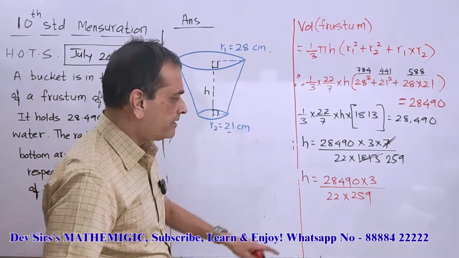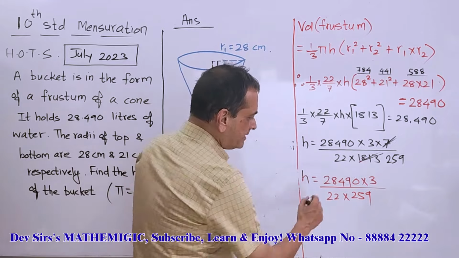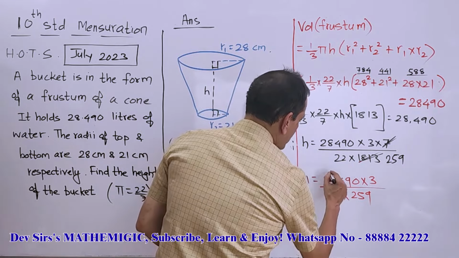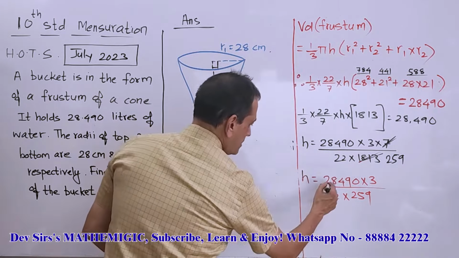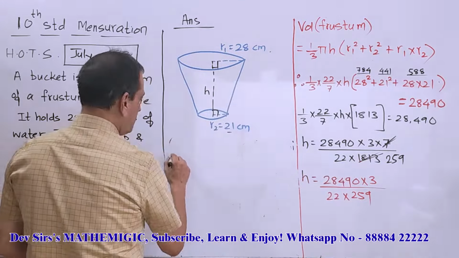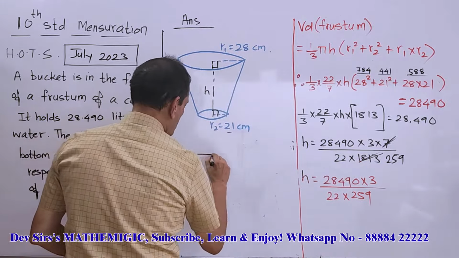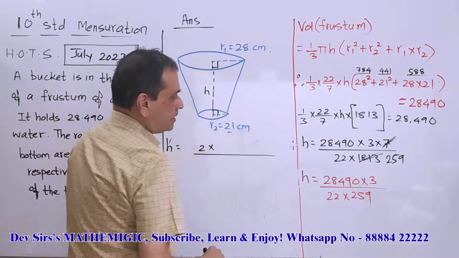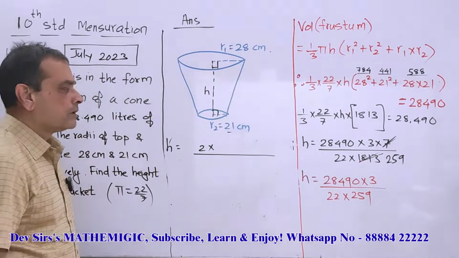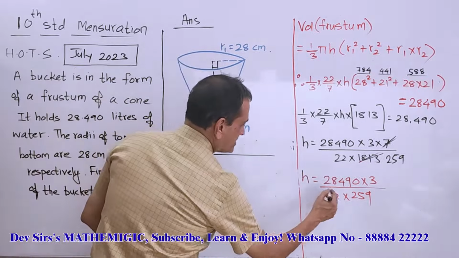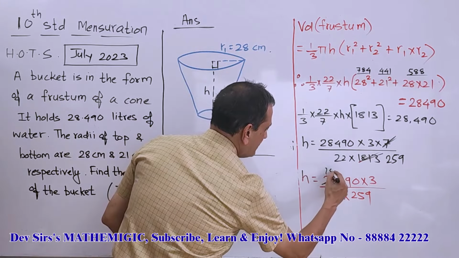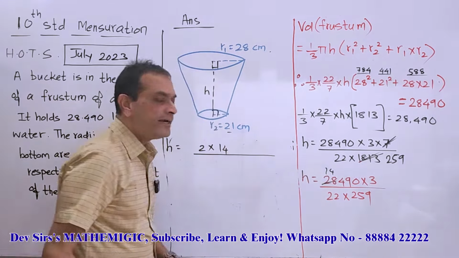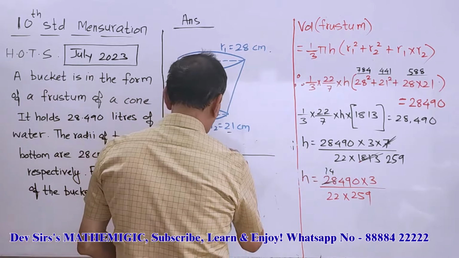तो अभी क्या हाथ में है? Let us simplify this. Let us divide this by 2. 2 into something. Okay. So if you divide this by 2 and divide this by 2, what do you get? 2 14s are 28. देखो यहां से 2 into 14 is 28 and 490 का हाफ 245.